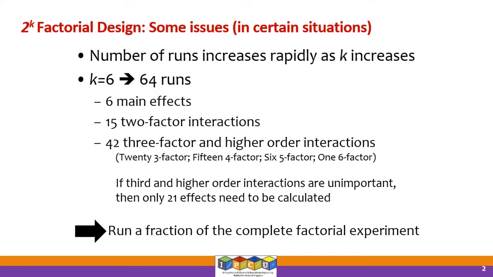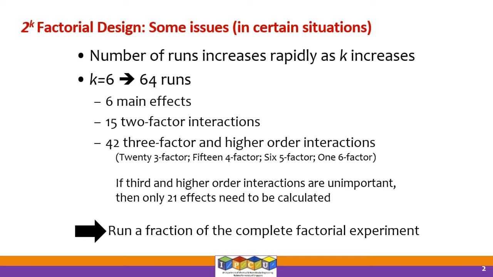In fact, there will be 15 two-factor interactions, such as x1 times x2, x1 times x3, all the way till x1 times x6. Then you have x2 times x3, x2 times x4, x2 times x5, x2 times x6, and so on until we come to x5 times x6. So you have 6 C 2 combinations, which will be equal to 15.